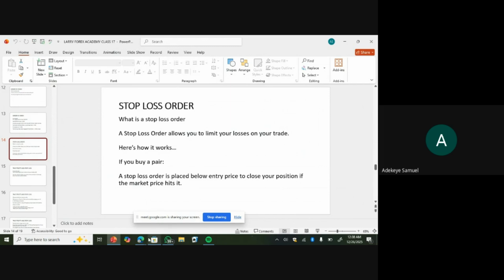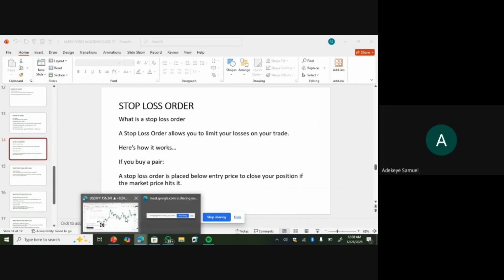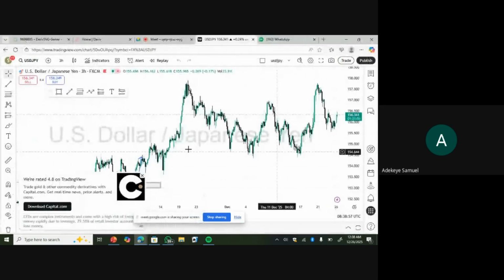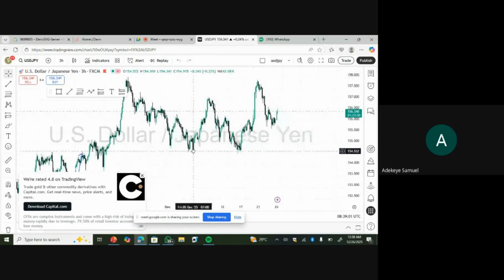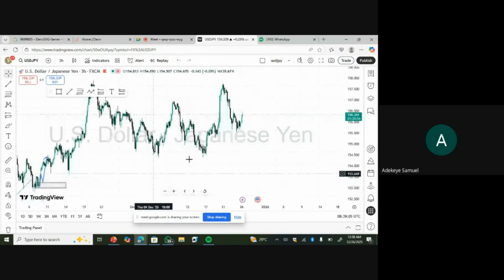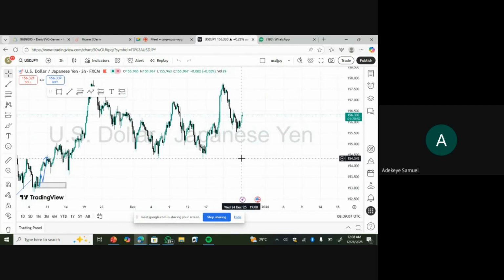Let me show you. This is USD JPY, a currency pair. I'm not using synthetic indices today. Let's say you want to buy USD JPY at 157.68. We are buying at this particular level.